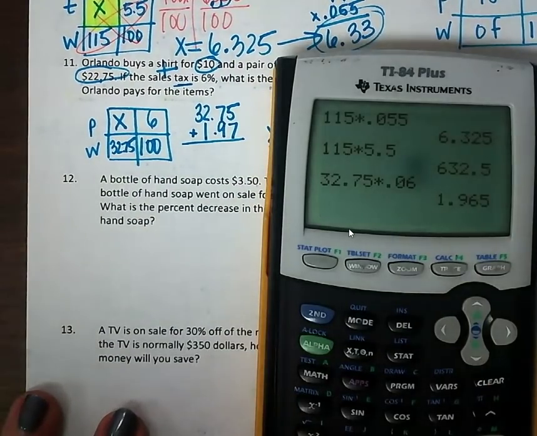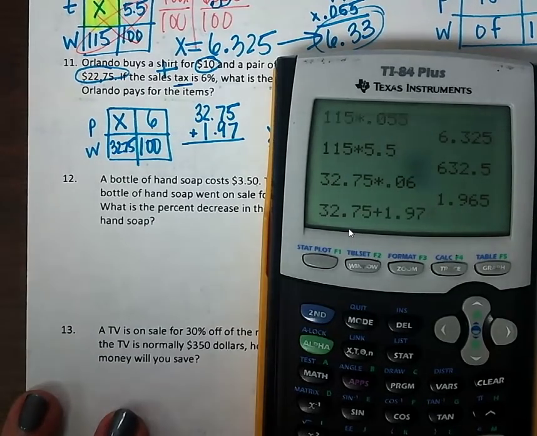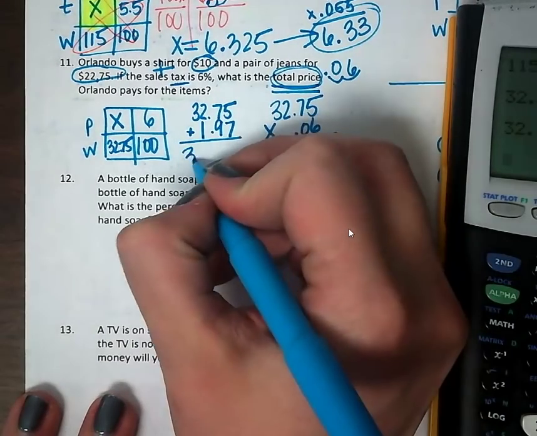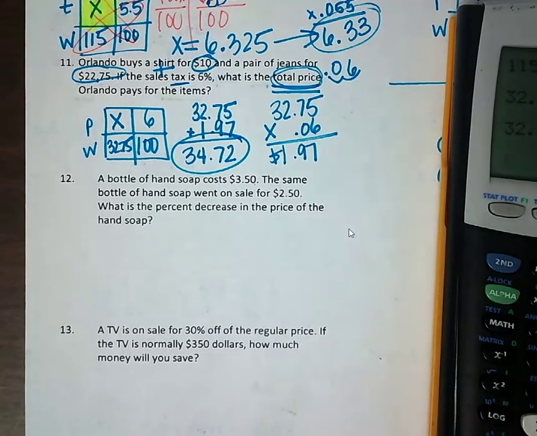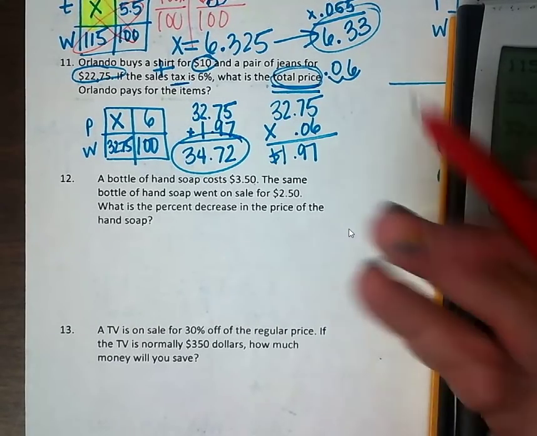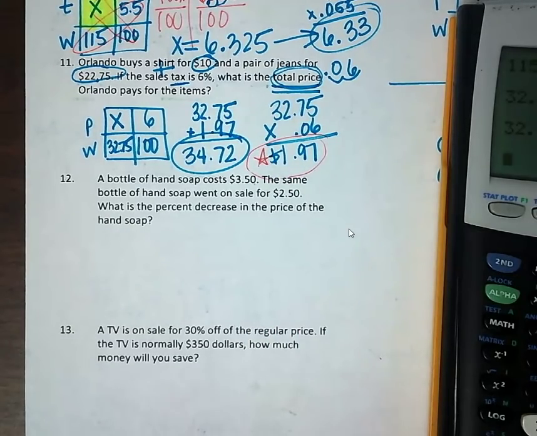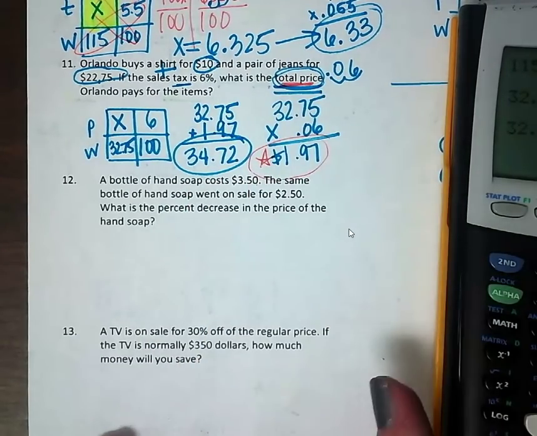So we're going to say $32.75 plus the $1.97 in tax, and that's going to be $34.72. And that would be our final answer there. A lot of people would want to vote in this for their final answer. And remember, that's not your final for this question because it's asking how much total that he pays.